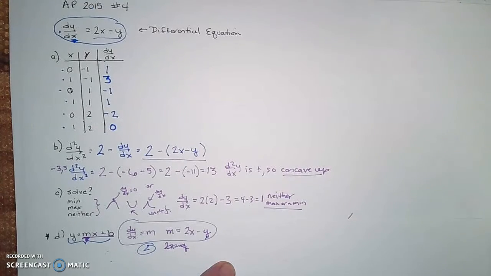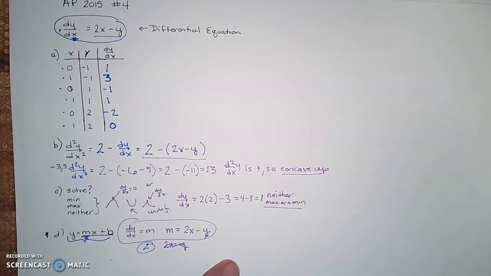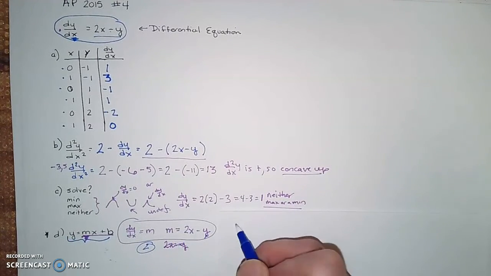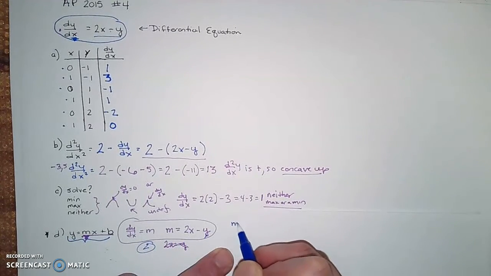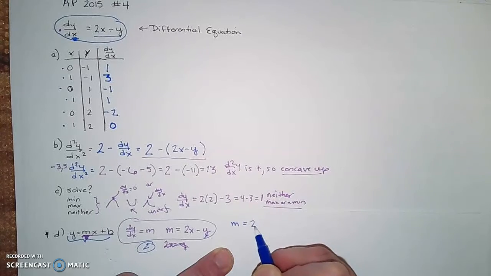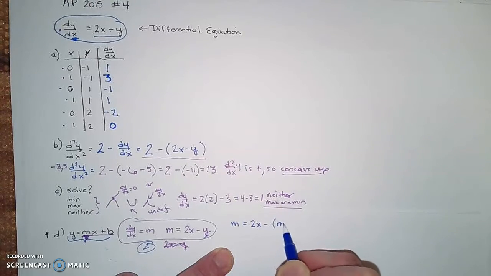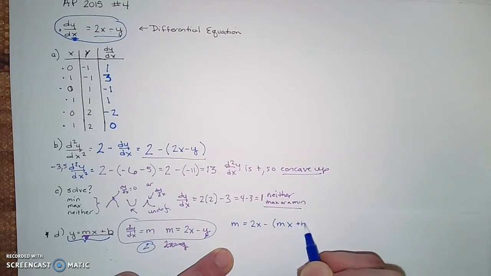Okay, so if we got that part right, we got 2 points on it. Let's see if we can get the last part. It's really hard, and you have to be very intuitive on the problem. So I know that y equals mx plus b, dy/dx equals m, and m equals 2x minus y. I'm trying to solve for m and b, so I'm going to substitute in what I know about y: y is equal to mx plus b.